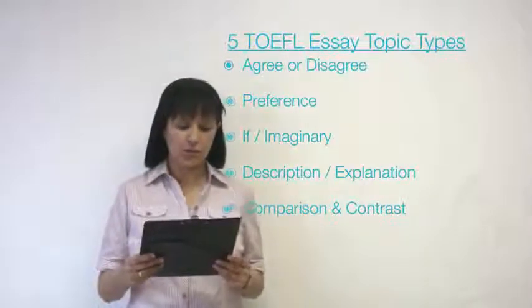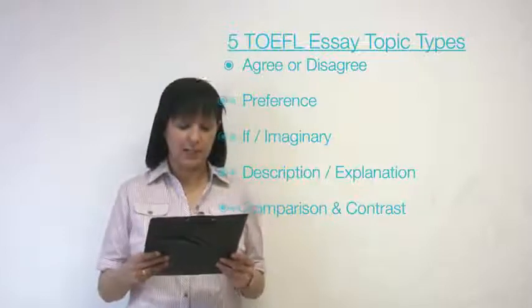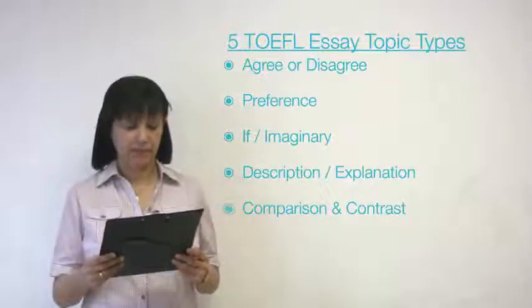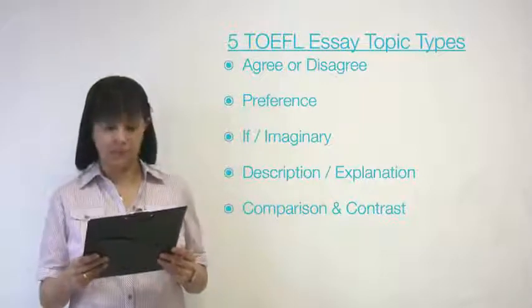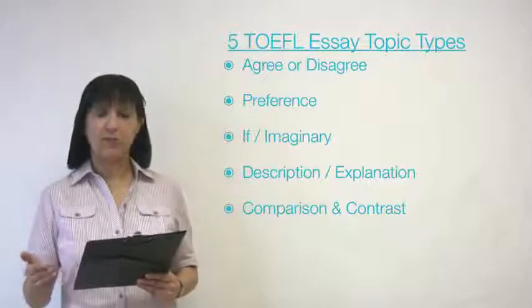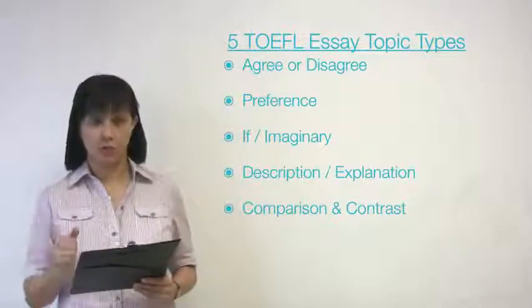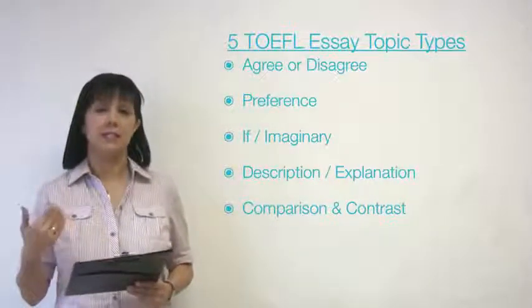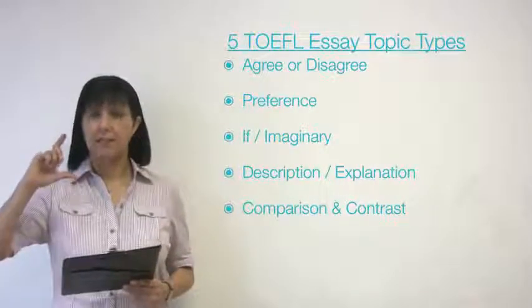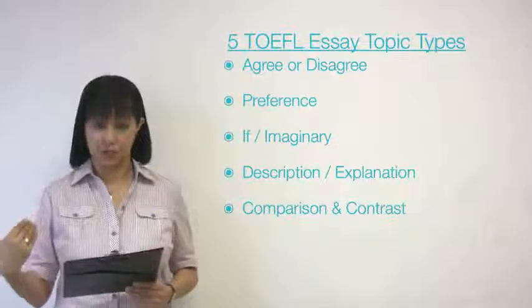Compare the advantages of living in university housing with the advantages of living in an apartment in the community. Where would you prefer to live? Give reasons for your preference. So here you see this is a comparison and contrast question. And the reason it's different is because you have to write a different essay pattern in response to this answer.